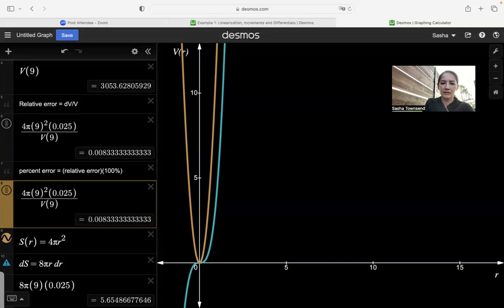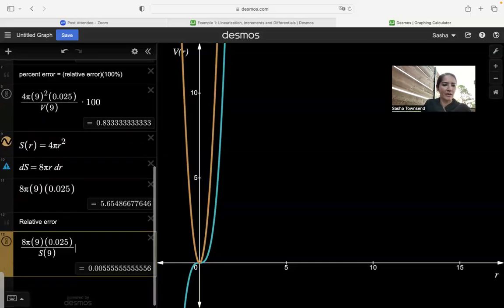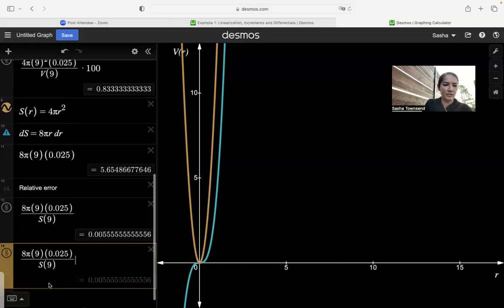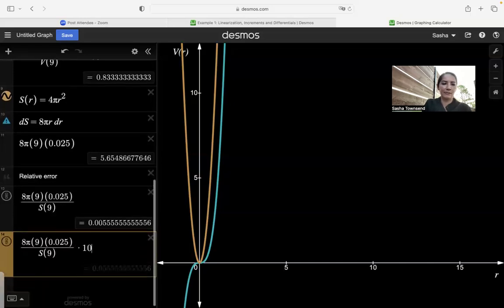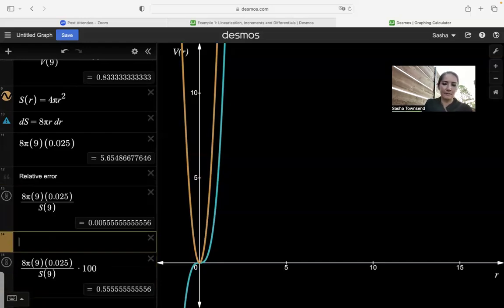So that times 100, and we get a percent error of 0.83%. So it's less than 1%, so it's not very much at all. And here's our relative error. If we take that relative error for the surface area and we multiply by 100, we have 0.56%. So it's not very much at all again.